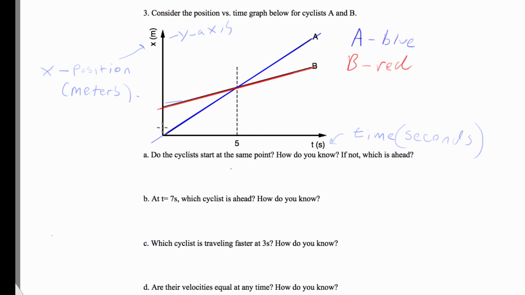Well, cyclist A starts, and notice it doesn't tell us any numbers here. So this is a conceptual problem. As in, we can't say whether cyclist A starts at 0 meters, or 5 meters, or 10 meters. We don't know. It's not given to us. Only one number is given to us, which is 5. And note that because time is seconds, we can assume that this 5 means 5 seconds.